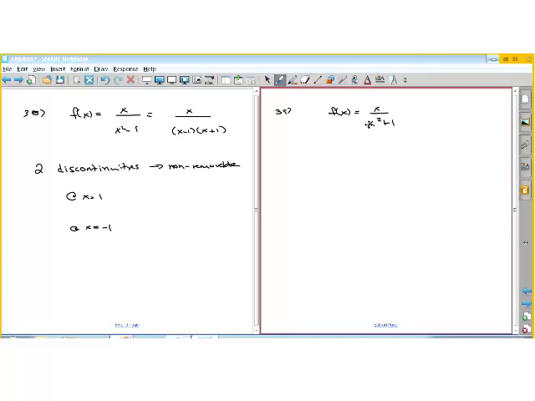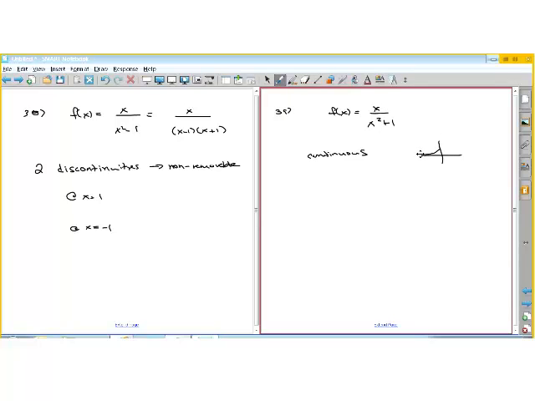Okay, so we have another rational function. Instead of minus 1, we have plus 1 in the denominator. In this case, we can't factor the denominator and get real results, so this is as far as we can go. Because you can't factor this, and also because this term is always positive, this is continuous for all real numbers.